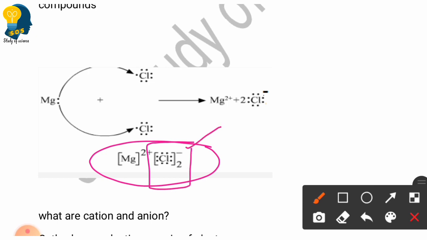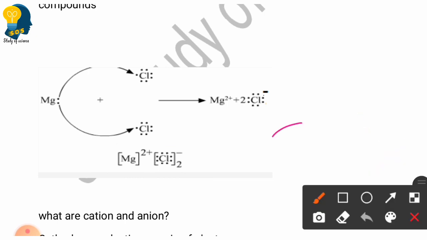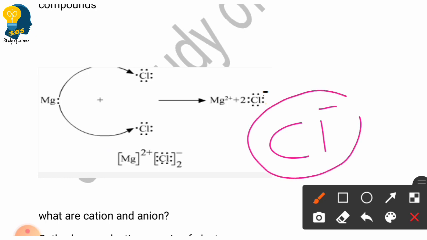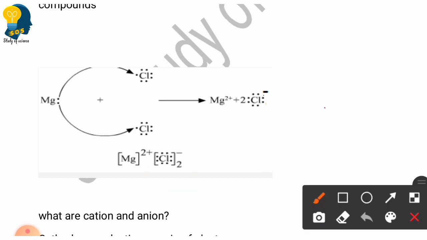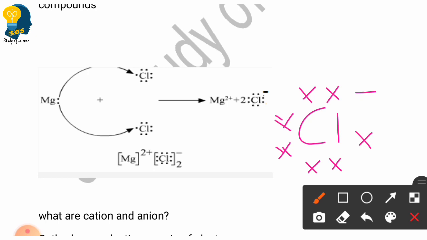Whenever you write, you should not write Cl2 minus. This is wrong. Because chlorine is receiving only 1 valence electron. Only 1. But here totally there are 2 chlorine atoms. So you should write like this with its valence electrons. See, chlorine has 7 valence electrons, right? It needs only 1 valence electron, it is receiving.